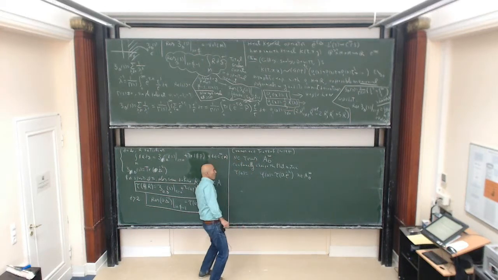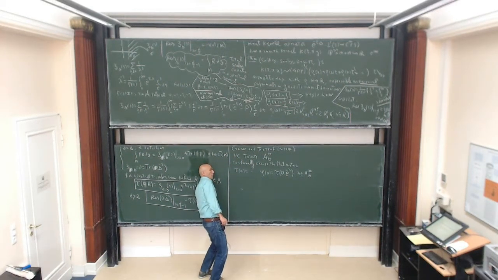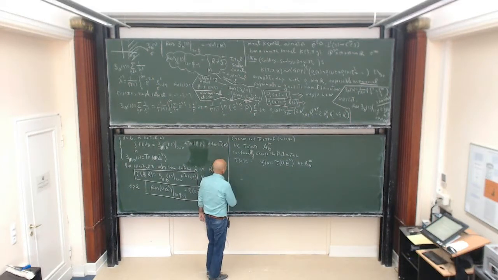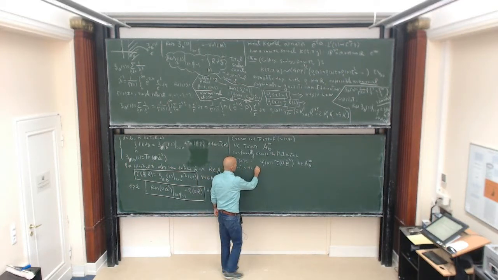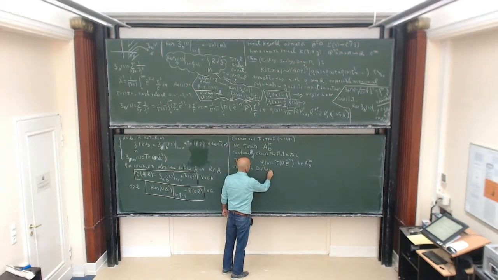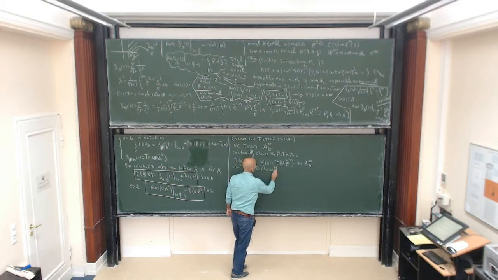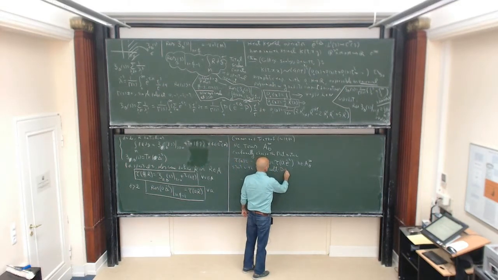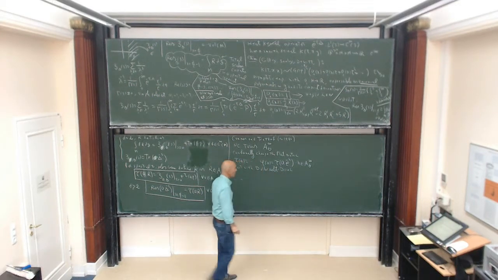So what is the operator they looked at? The operator is just the Dolbeault operator. You just start with the flat Dolbeault operator, Dolbeault, Dirac, whatever. So what is it?